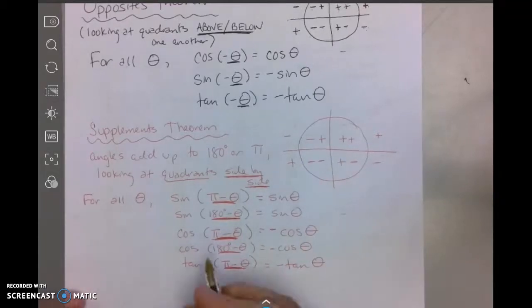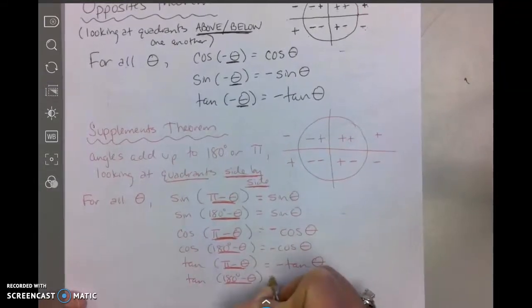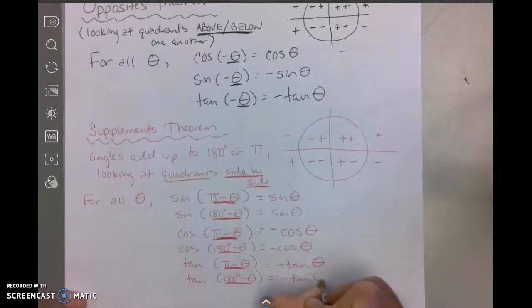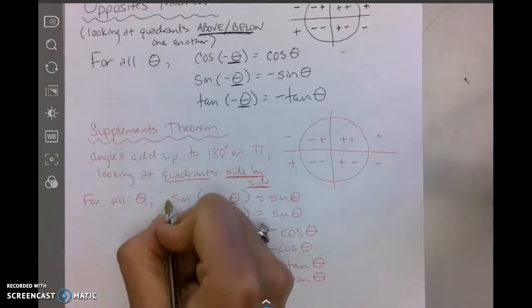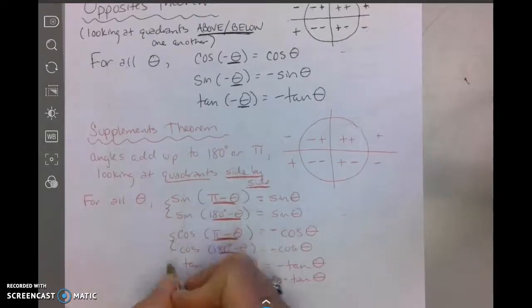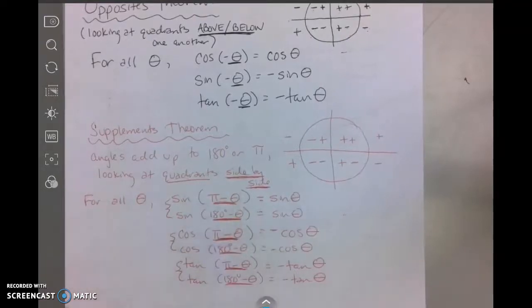Okay, and again, I could have written 180 degrees minus theta as opposed to pi minus theta. So these are the same, these are the same, and these are the same. That's my supplements theorem, angles that add up to 180 or pi.